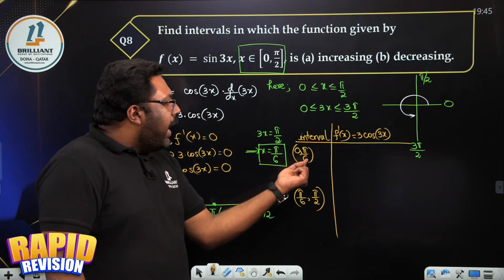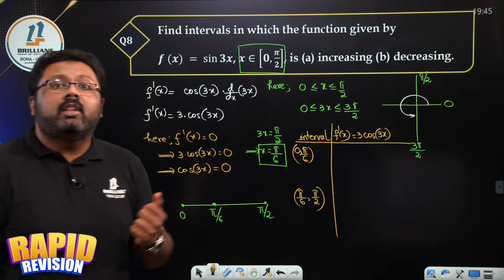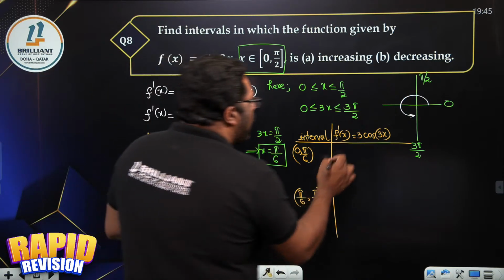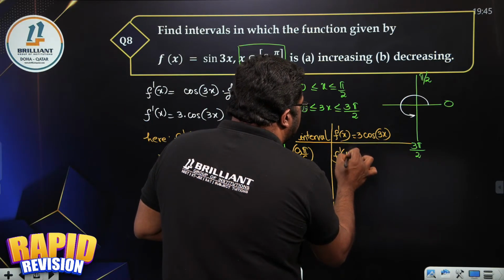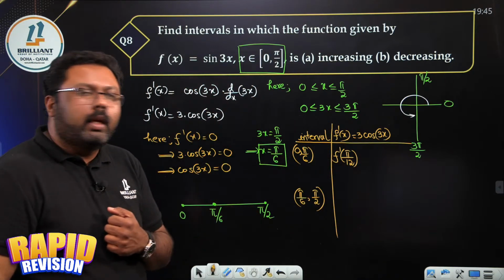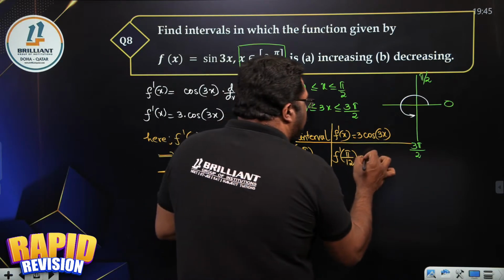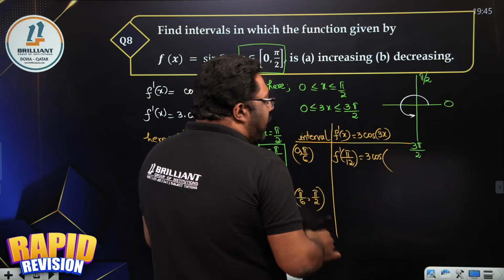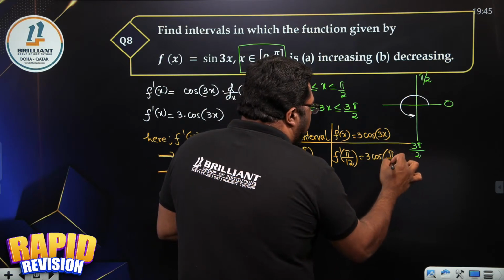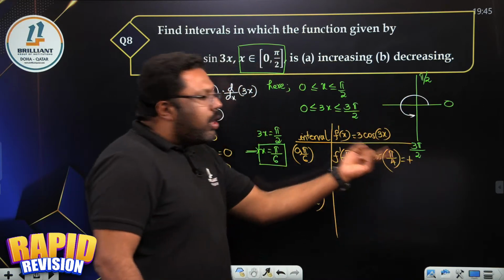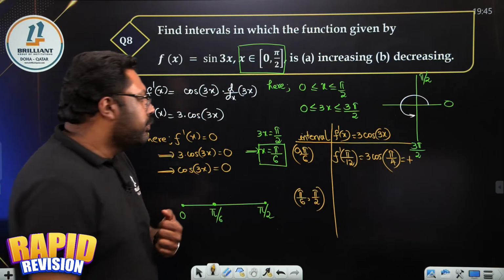Tell me any angle between 0 and 30 or 0 and pi by 6. What comes to my mind is pi by 12. If you put pi by 12, your answer is 3 cos 3 into pi by 12, which is pi by 4, and which is definitely positive because cos pi by 4 is a positive value.